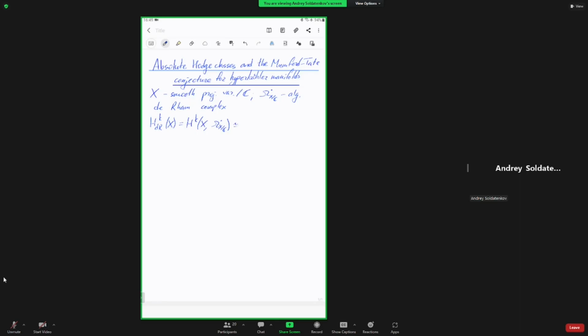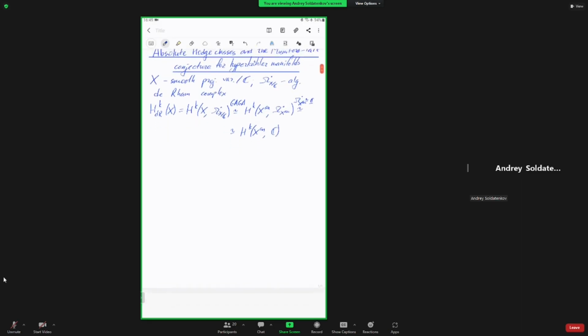From here we can pass to the corresponding complex analytic variety using GAGA, and this will be isomorphic to the hypercohomology of the corresponding analytic Deligne complex, which is a resolution of the constant sheaf with fiber C. And so here we get just the ordinary singular cohomology of the corresponding complex analytic space.